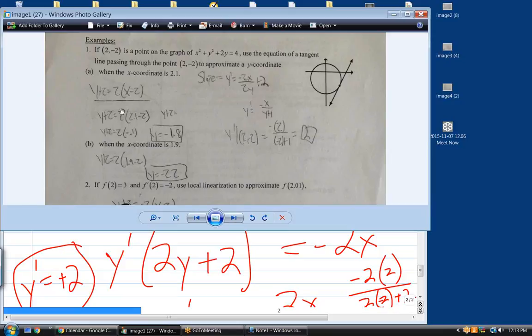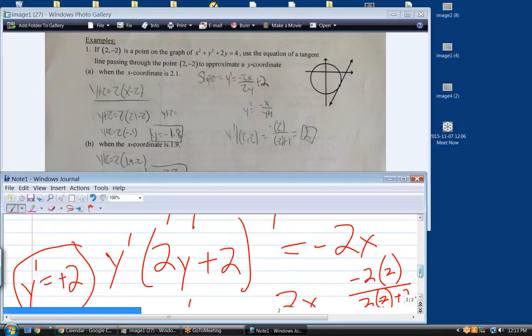Now she goes over here on the left and she says y plus the slope equals the slope times x minus 2, which is the x coordinate. So she actually said y, if we evaluate this, in other words, what I wrote, I believe is correct.